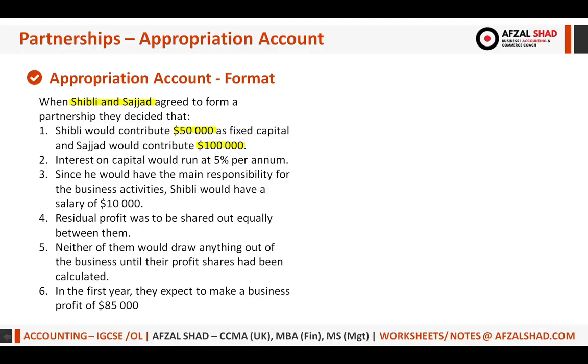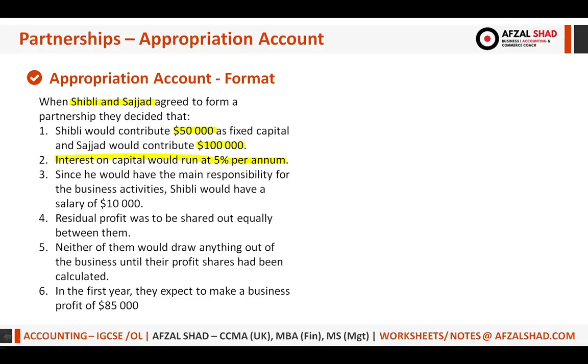Let's move on to the second part, which is that interest on capital would run at 5% per annum. So how much interest on capital are you going to charge? Shibli has invested 50,000, so you are going to charge 5% of 50,000, and Sajjad has contributed 100,000, so you are going to charge 5% of 100,000 as interest on capital.